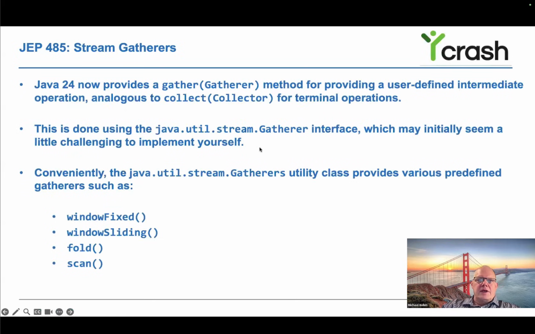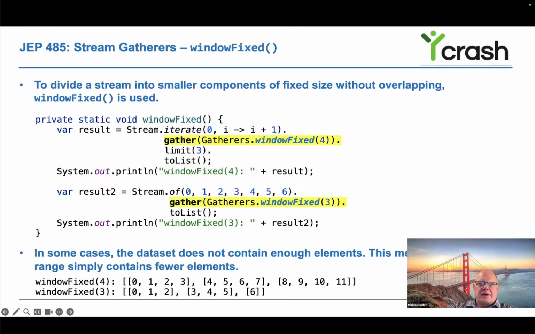So what is the solution? We get a new method which is called gather, and you can provide a gatherer. And this is a way to introduce new user-defined intermediate operations. And because it's nice to have some predefined gatherers at hand, we get something like window fixed, window sliding, fold and scan, and we take a look at those.